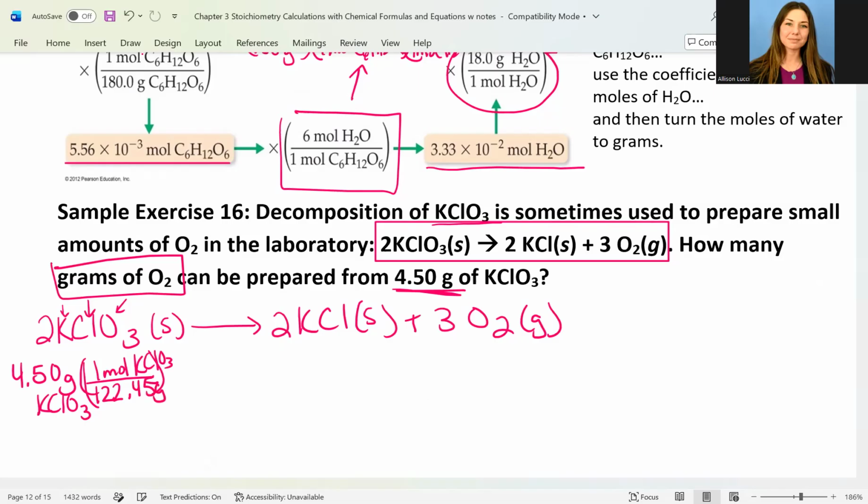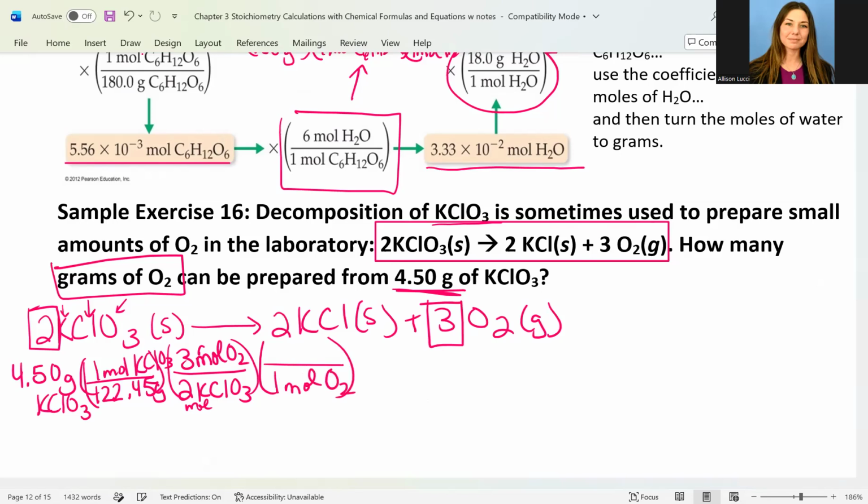So I'll divide by that, and now I can assume that I'm in moles of potassium chlorate, and I can use the molar ratio now of 2 to 3 to figure out how many moles of O2 I could produce. So it's 2 moles of KClO3 on the bottom, and then we multiply by 3 moles of O2 on top. And I don't want to stop there because I was asked to find my value in grams of O2.